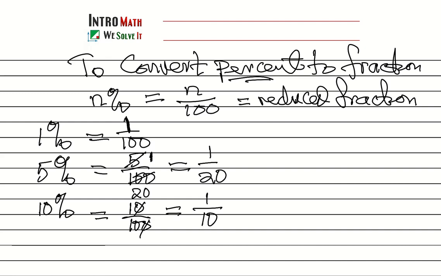What of a quarter? A quarter is 25% of a dollar. You write that in fraction form, it's 25 over 100, right? You can reduce that, it becomes 1 over 4. See, that's 1/4 of a dollar. It's a quarter. You remember, that's why it's called a quarter. The word quarter means 1 over 4, right?